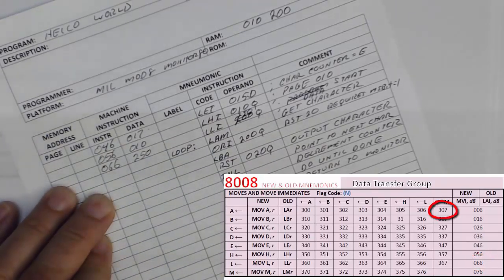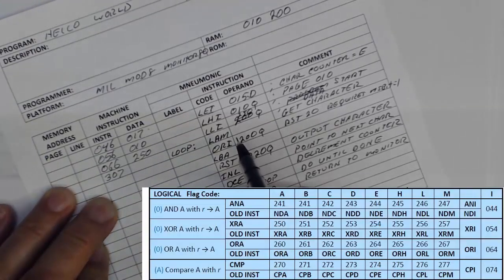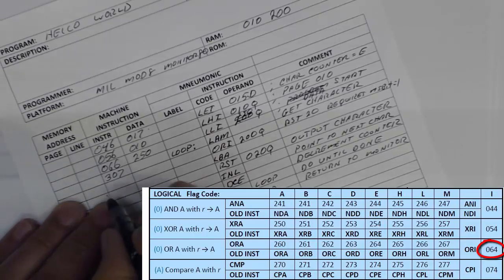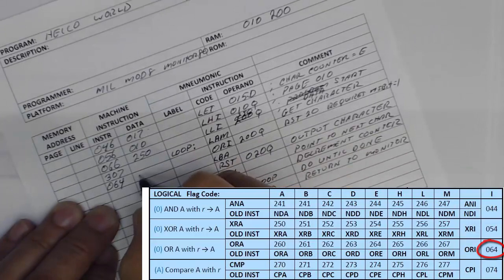LAM, load A from M, is 307, and there is no data. ORI, so the OR immediate, is 064, 200.